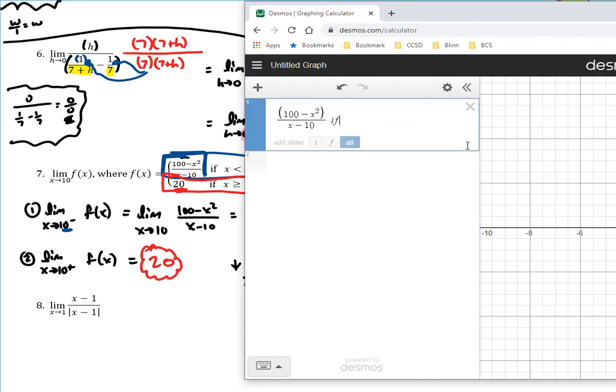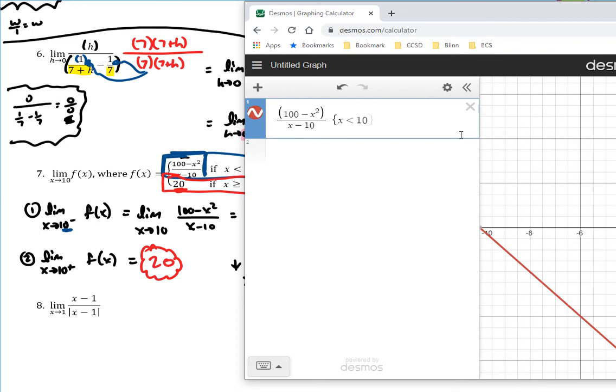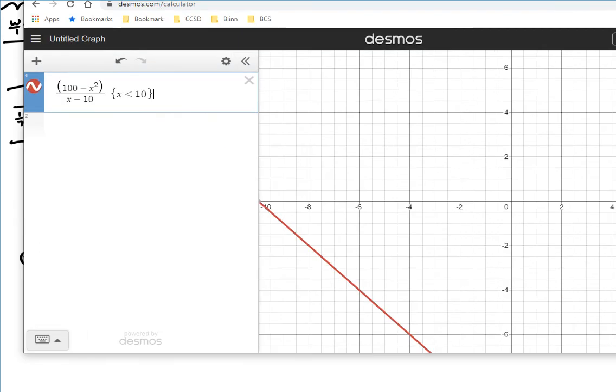And they say if x is less than 10. So notice it didn't work here the way they wrote it. So instead, what they use is a brace like that. And so they put it in braces. So that way we can get our piecewise function.